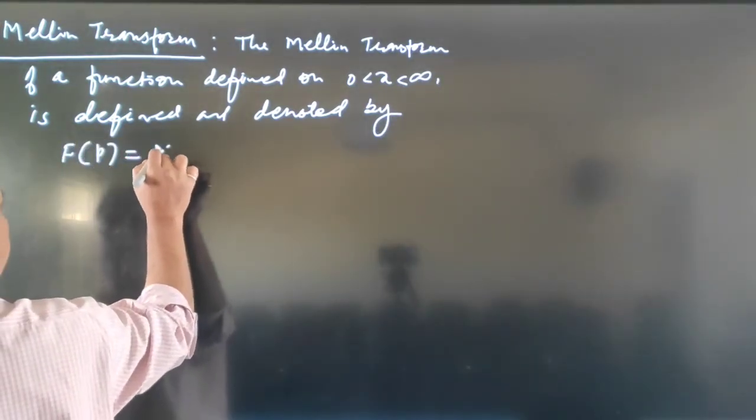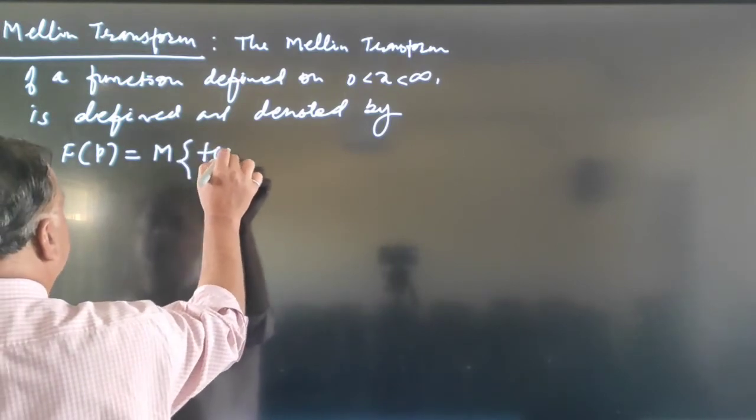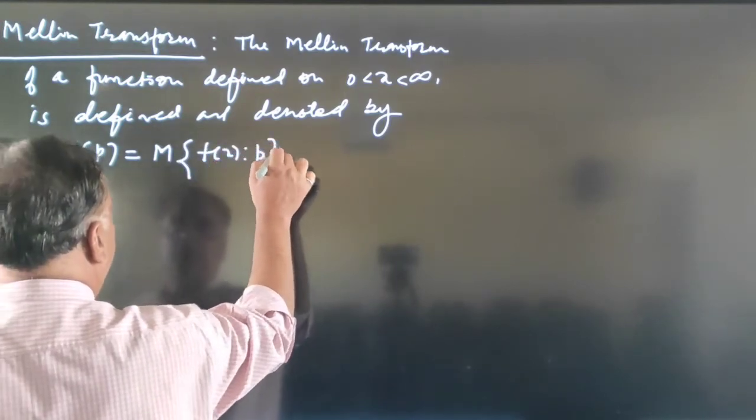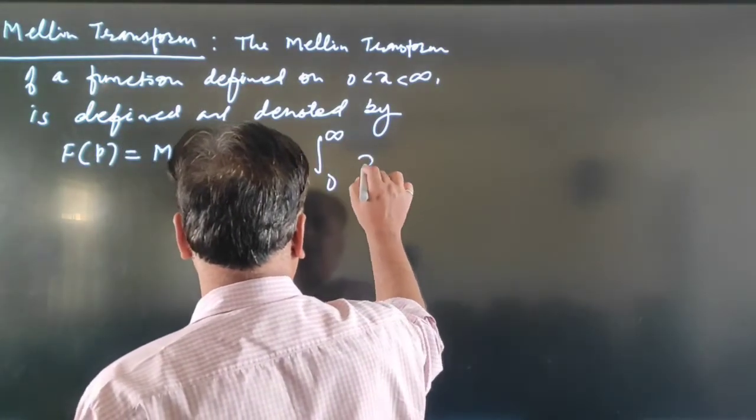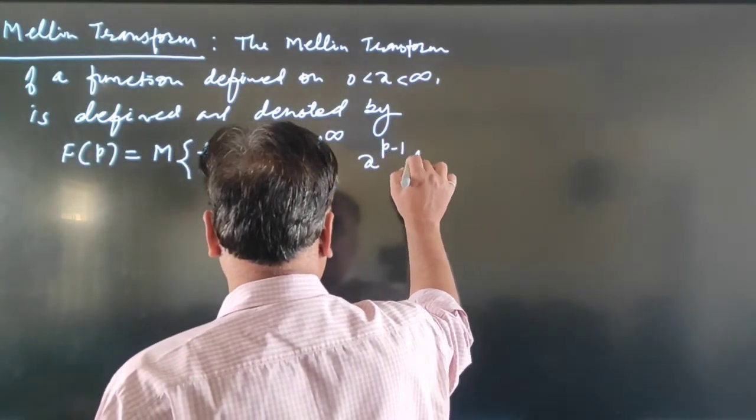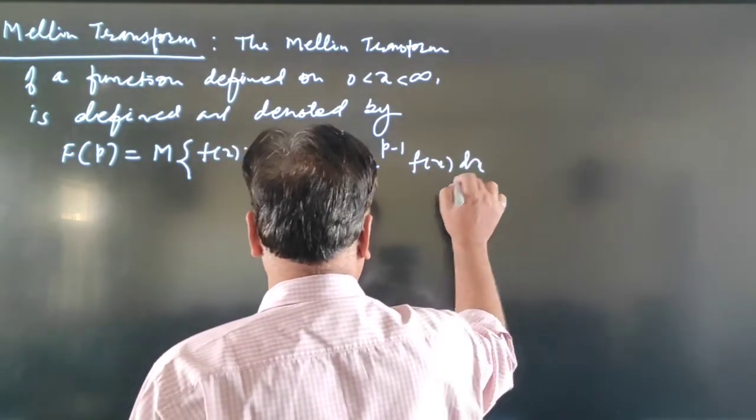This is equal to the Mellin transform of the function f(x) with respect to parameter p. This is given by the integral from 0 to infinity of x raised to p minus 1 times f(x) dx.